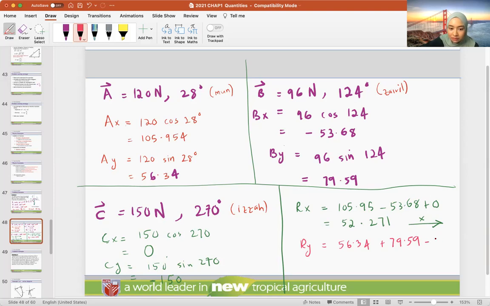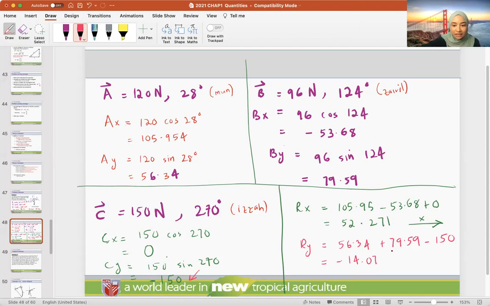Minus 105, 150. Lepas tu dapat negatif 14 point. Sekejap, saya kira balik. Okey, tolak 150 dapat 0.07. Minus 14.07. Betul. Okey. Thank you Haikal.